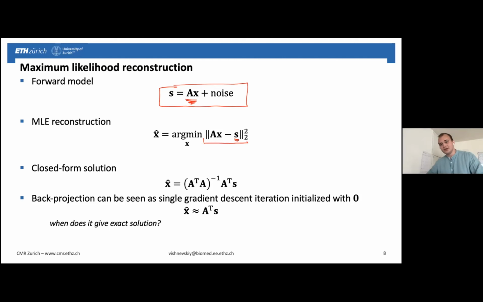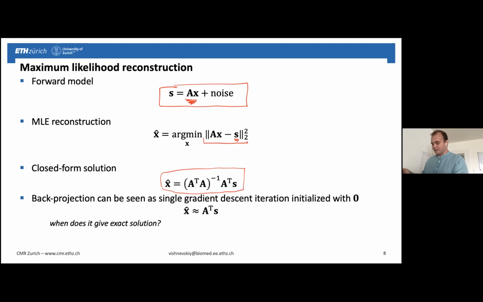And this is a least squares problem. Of course, we can solve it analytically by just taking the derivative of this L2 norm and setting it to 0. Therefore, we have yet another system of linear equations, the normal equations, and it can be solved with a pseudo inverse. So model-based or iterative reconstruction methods are based on this approach.